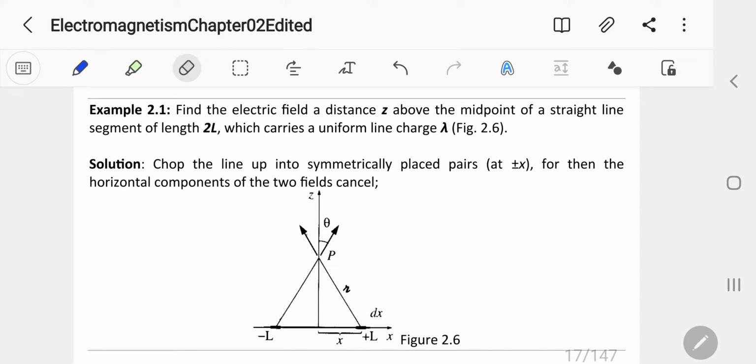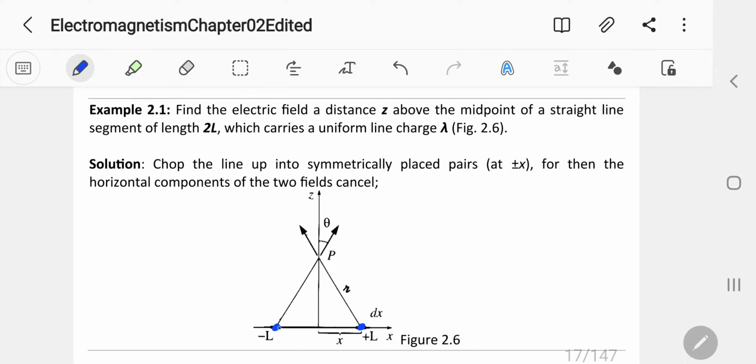Like this one here, if you have a segment of length 2L, you can chop the length of the distribution, and if you're considering a dl here or a dq here, you should also consider a dq here by exploiting the symmetry of the problem.